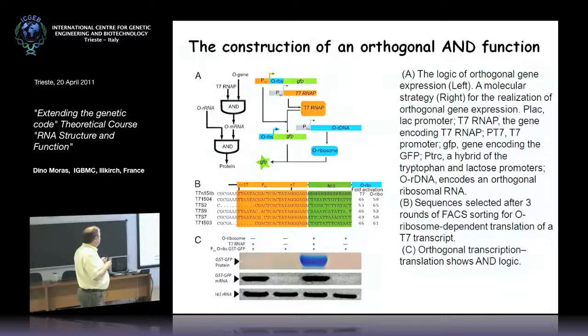In the details you see the controls; the sequences selected have 3 rounds of sorting of the ribosomes. And then here you have the different transcription, which shows the logic and also the results.